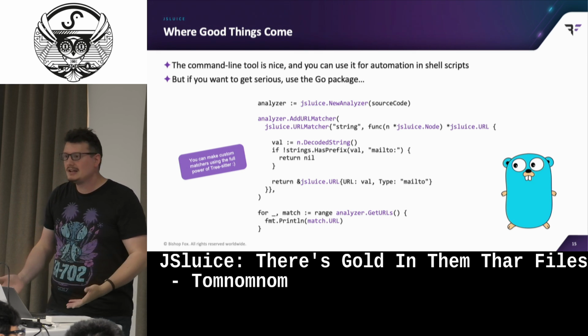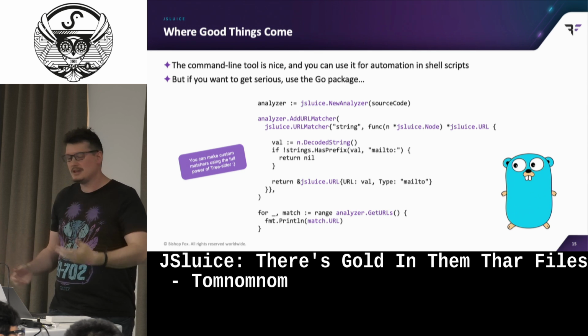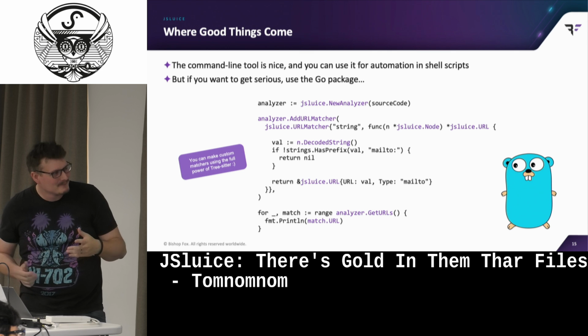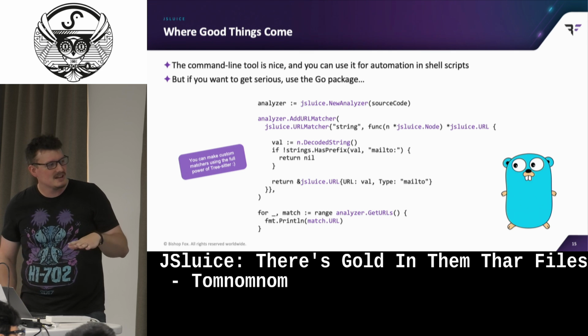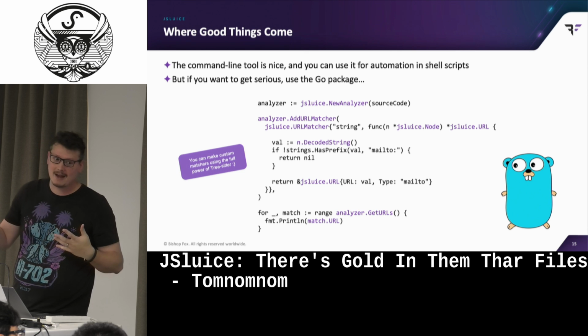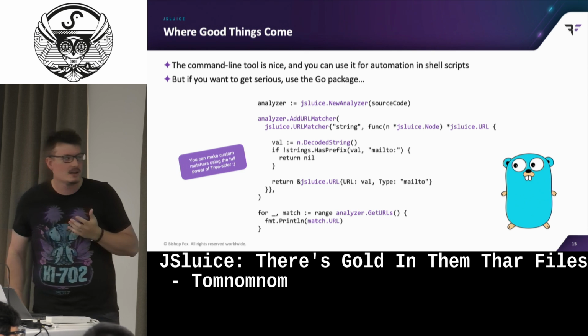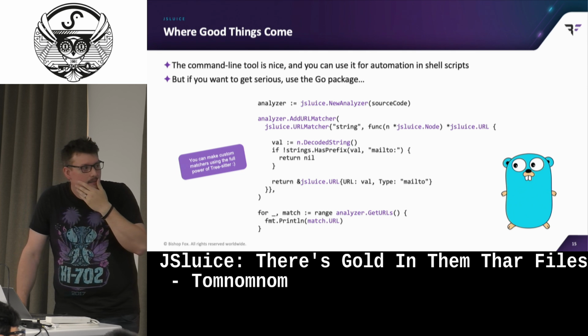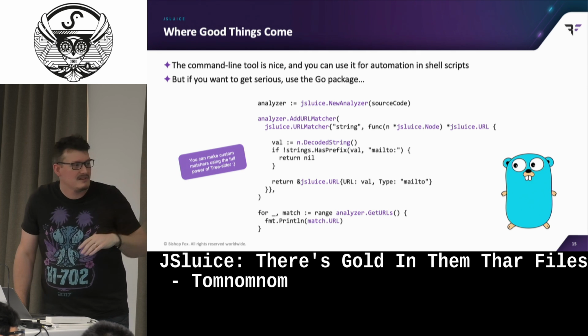So if you can write the logic you need in Go, which you probably can. I'm not going to get into an argument about Turing completeness, but almost certainly if you need to do something, you need to call out to an external API or something. I wouldn't really recommend it because these functions are going to get run many, many times per file you run them against. But you can decode the strings, you can look at the prefixes and so on.